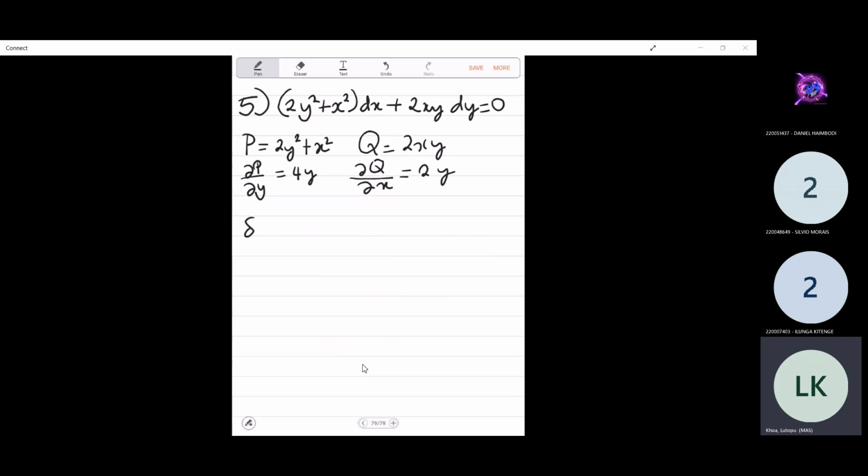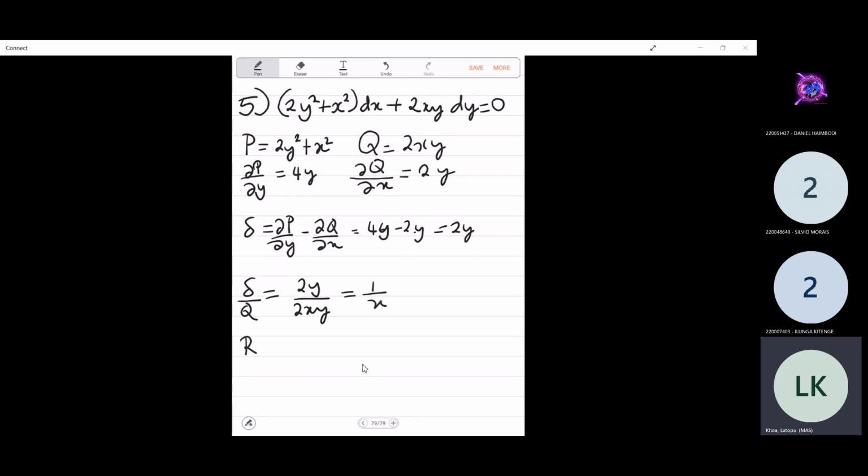So our delta is dp dy minus dq dx, 4y minus 2y, this is 2y. Then delta over q, this is 2y over 2xy, which is 1 over x.